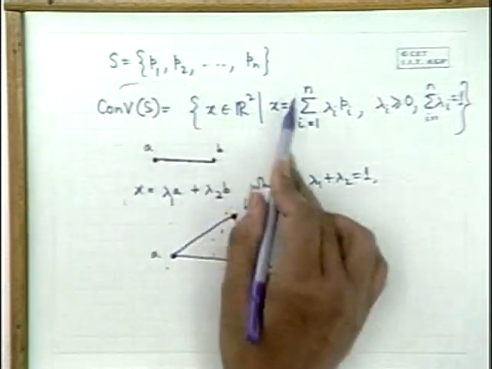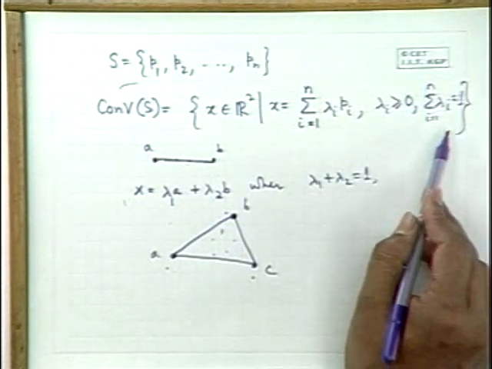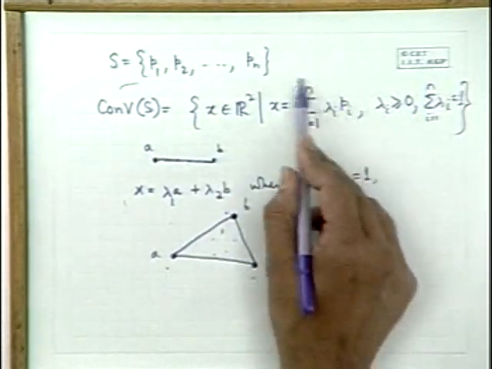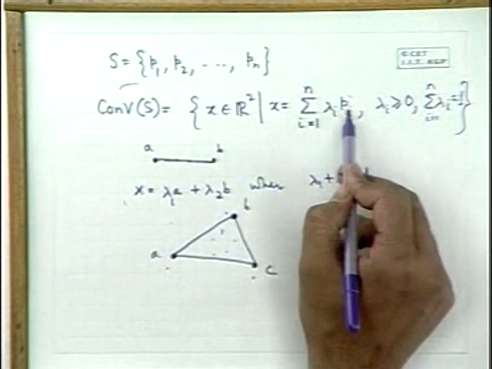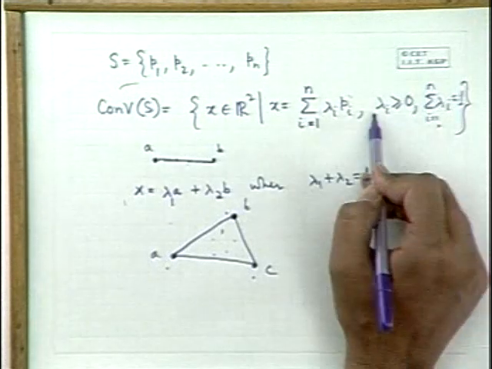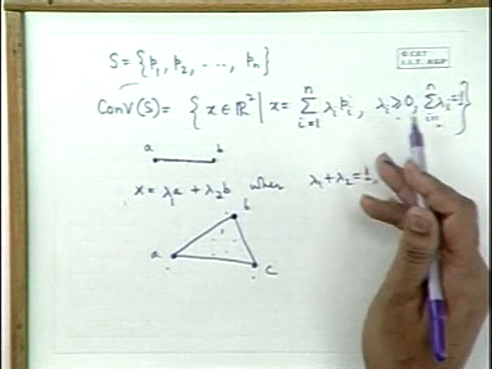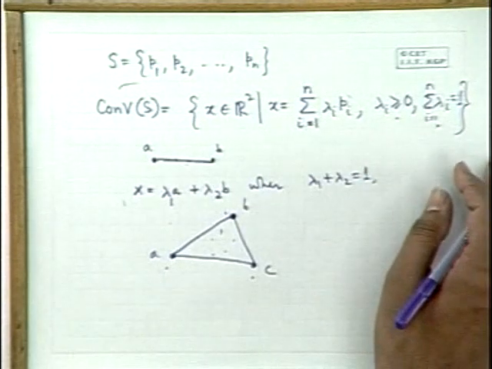This is a generalization of what I just said. If there are n points, you take the convex combination, with constants that add up to 1 and each one greater than or equal to 0. And another definition of the convex hull is the set of all points which are convex combinations of the given points.